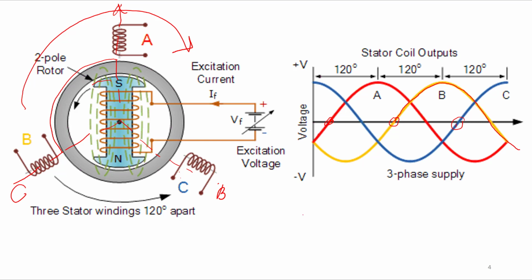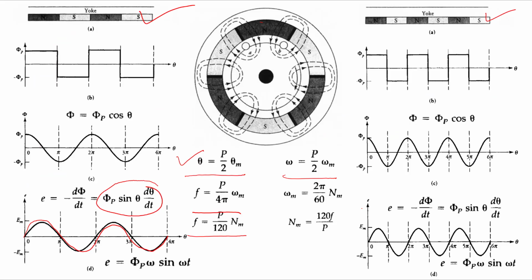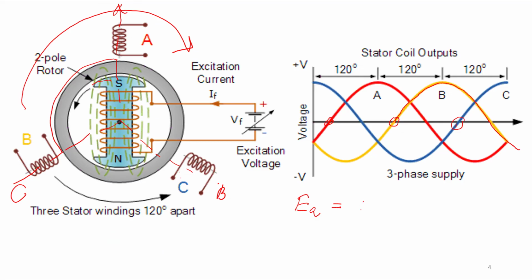Now if we write the equation for the induced EMF in each phase, already we know the equation. Here we got the equation, right? EA is phi p omega sine omega t. Now EB will be how much?